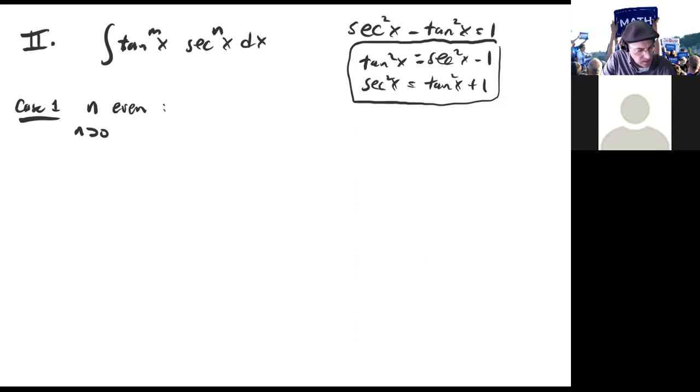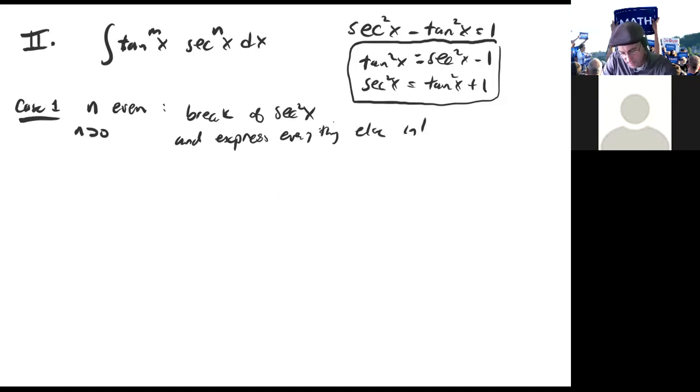So in this case, we'll break off secant squared of x and express everything else in terms of tangent x. So let's do an example to explain what I mean.